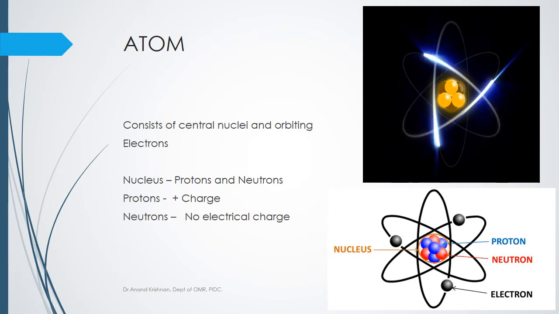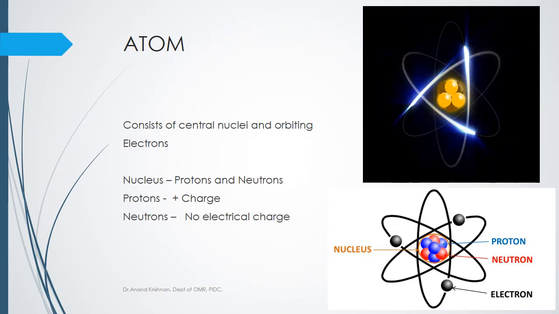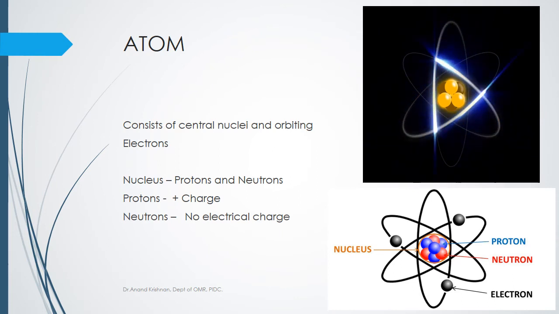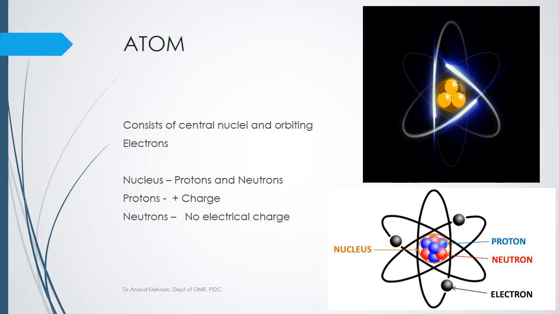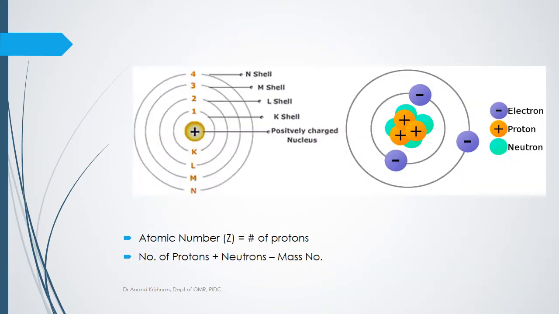Protons have a positive charge and neutrons have no charge, and the electrons revolve around the nucleus in orbits. The orbits are defined by alphabets: the first and foremost orbit you have is the K shell, then the L shell, M shell, and N shell, and each shell or each orbit has a capacity to hold a certain number of electrons.